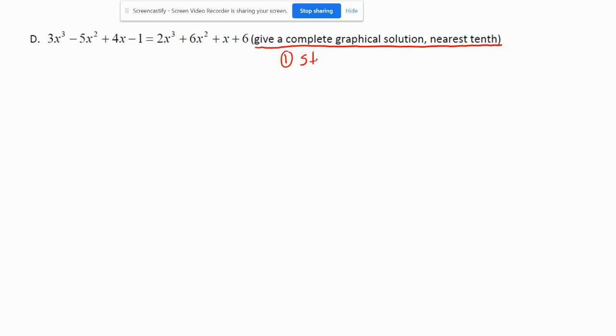You need to state your window settings. Two, we want you to sketch what you see on your calc.